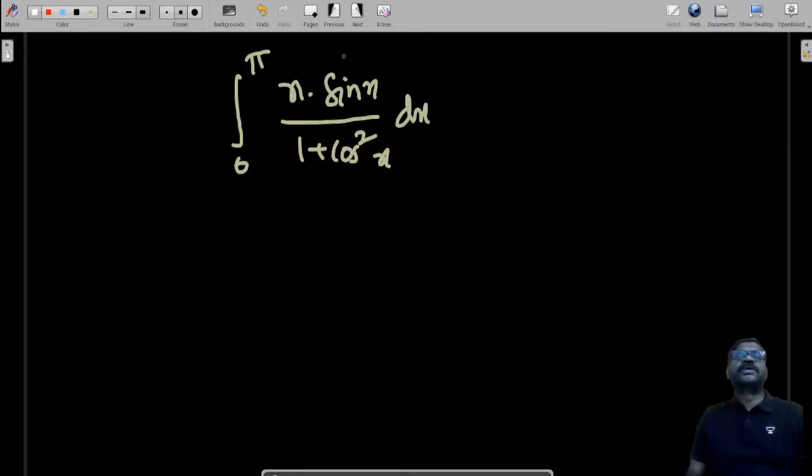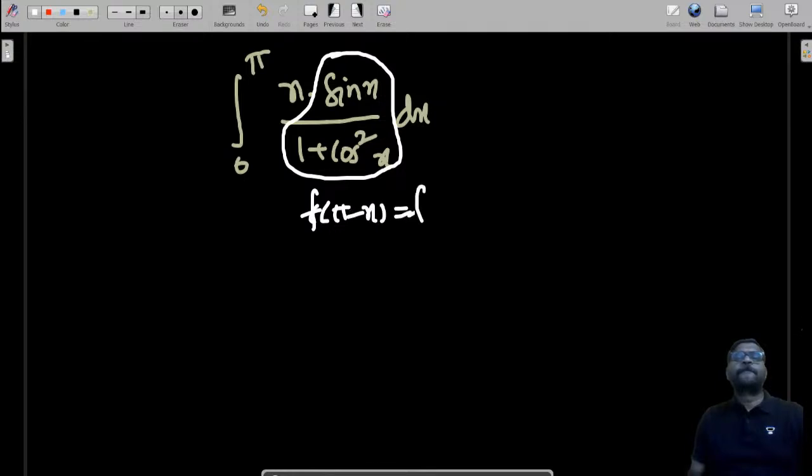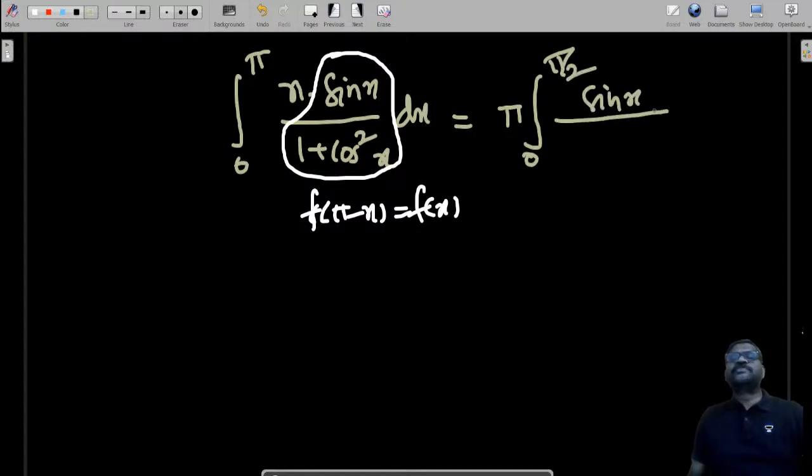Now, this is f of x. f of pi minus x is f of x. Therefore, pi into integral 0 to pi by 2 sin x by 1 plus cos square x dx.